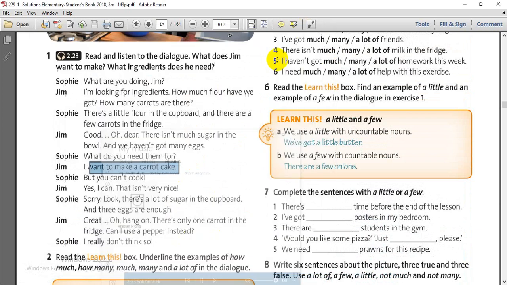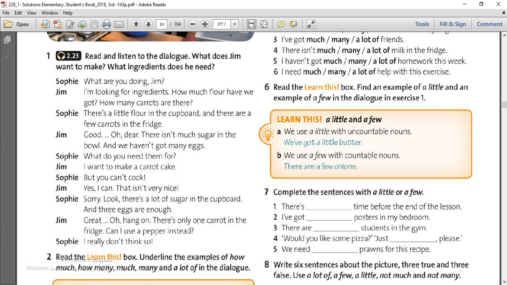Lesson 4D, Exercise 1. What are you doing, Jim? I'm looking for ingredients. How much flour have we got? How many carrots are there? There's a little flour in the cupboard and there are a few carrots in the fridge. Good. Oh dear. There isn't much sugar in the bowl and we haven't got many eggs.